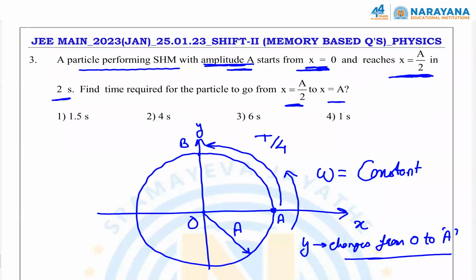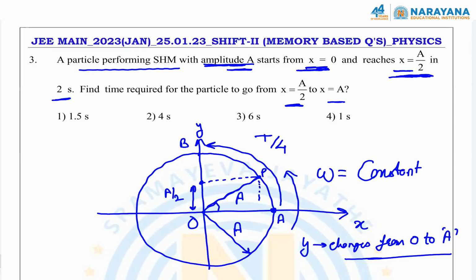And going from 0 to A by 2 is somewhere here. This height is A by 2. So to reach A by 2, it has to reach some point P, and this angle. Can you think of this angle? What will be this angle?